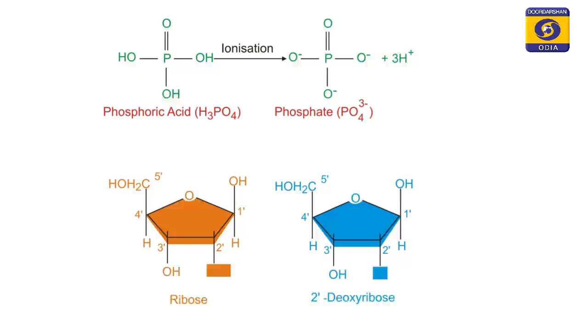And the type of sugar: ribose, a pentose sugar present in RNA and its ribonucleotides, and deoxyribose sugar which lacks an oxygen atom in the second position, that is why it is deoxyribose sugar, and therefore, this is present in deoxyribonucleotides and the DNA as well.